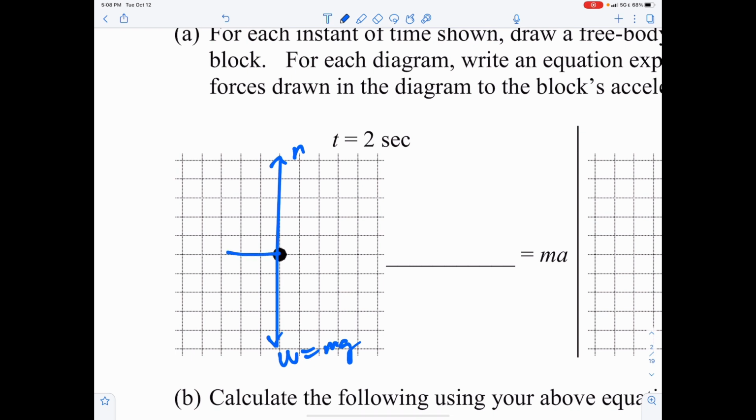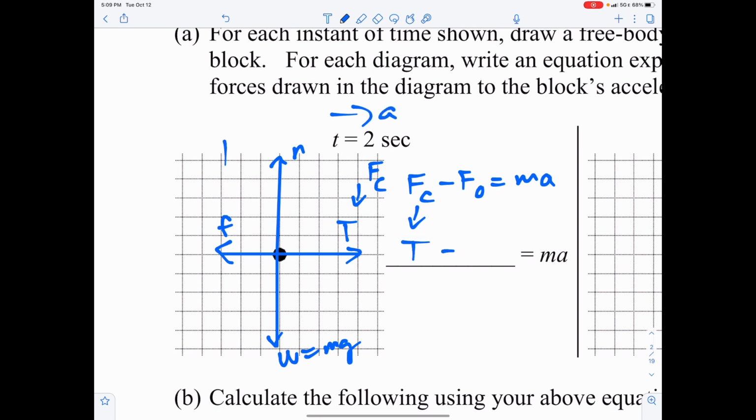I'm going to make sure friction is shorter than normal force, and I'm going to draw tension just a little bit longer on the right-hand side. Okay, what is my net force? Remember, net force is causing force minus opposing force equals ma. Your causing force is going to be your tension because you're accelerating this way. So the causing force is tension minus the opposing force, which is the friction. So tension minus friction equals ma would be our first free body diagram and our first Newton's law equation.